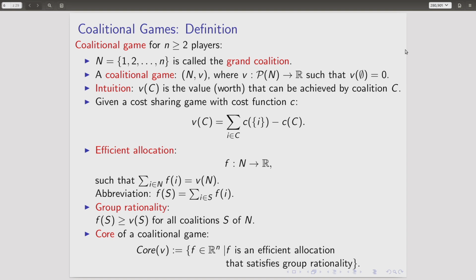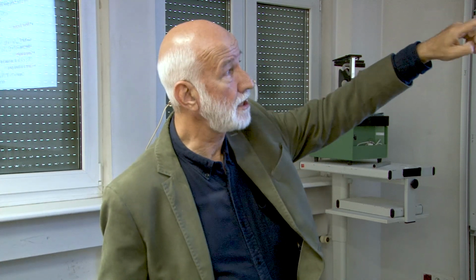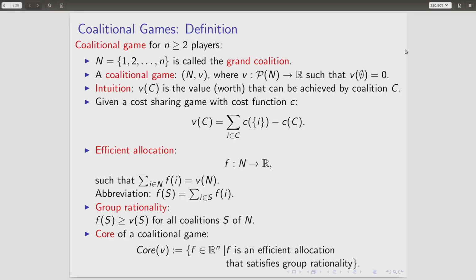And the idea is that this number corresponds to what this group can generate together. Now, on a previous slide, I didn't talk about what profit they can generate, but what they have to pay. But this is easy to retrieve, because given a cost-sharing game, like the one on the previous slide with the water supply, one can turn it into a game by assigning to a coalition C the following expression.